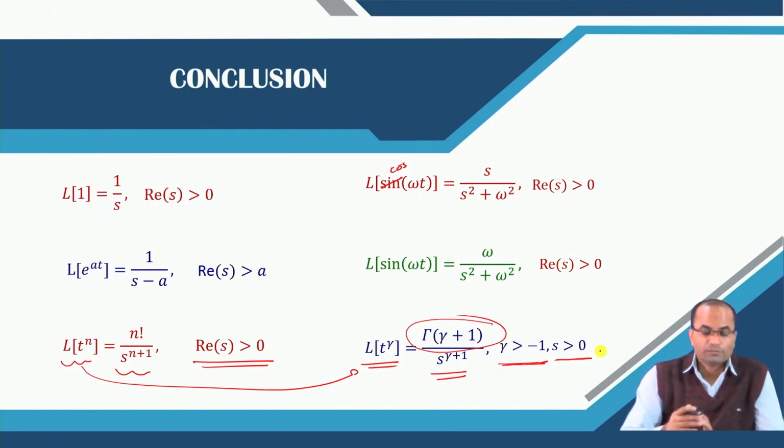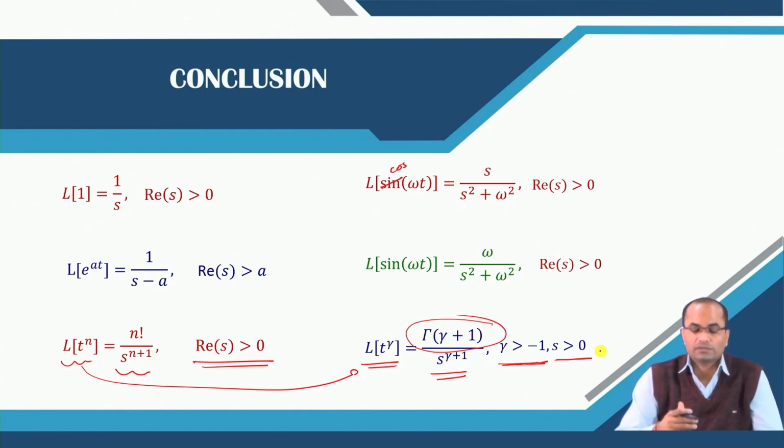So, these are the most basic elementary functions which can be used as a direct result for getting the combinations of these or some more complicated functions that we will see in other lectures.